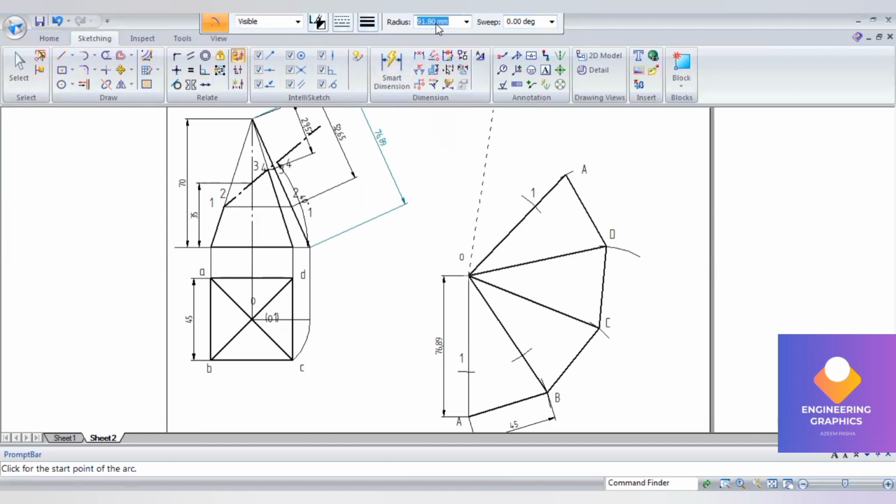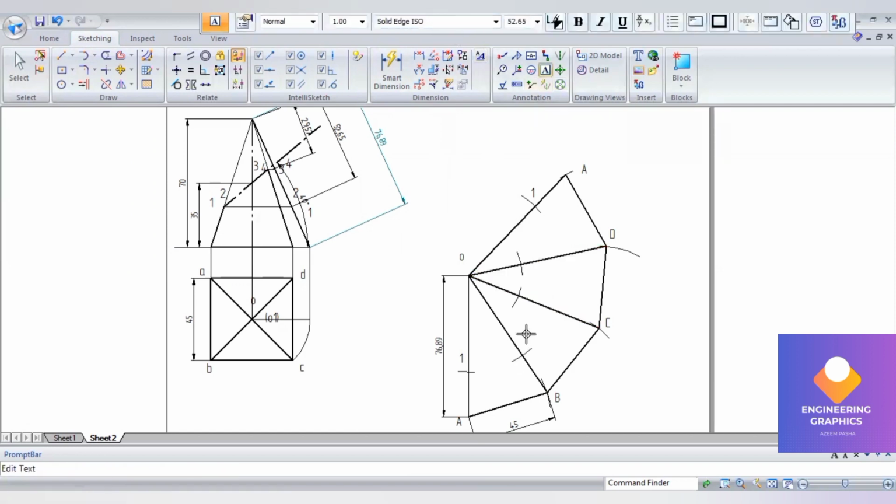And then on OC and OD it is the same length you have to give, that is 29.57. Okay, again on OD also we mention the same length, 29.57, cut it. I can mention the namings of it here, 2, 3 and this is 4.